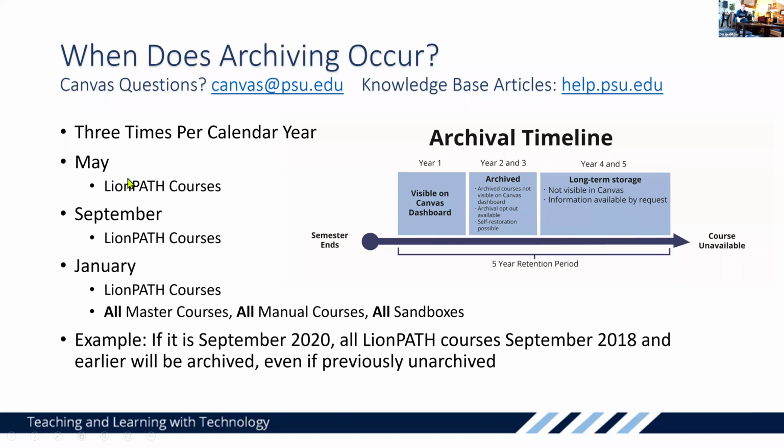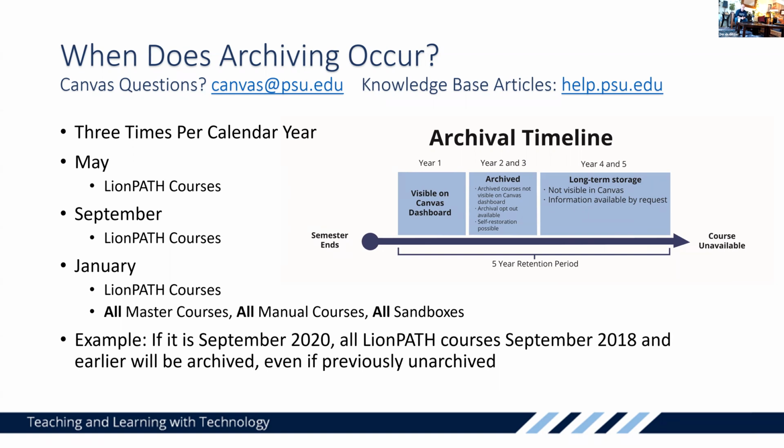So the Lion Path archiving will happen in May, September, and January. The special one is in January, when we'll be archiving all master courses, all manual courses, and all sandboxes in addition to the Lion Path courses. This is significant.